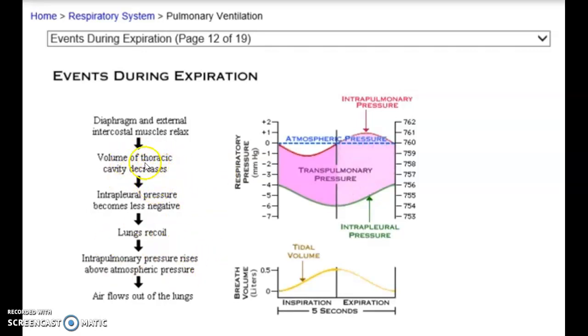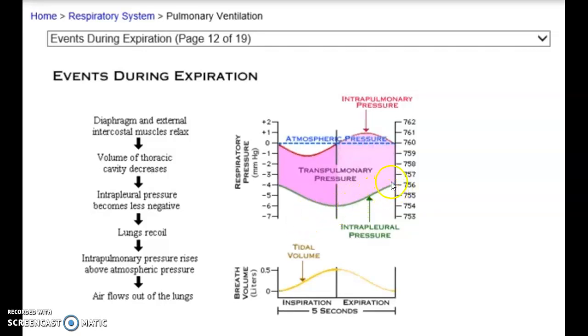So what happens? What's the next layer after the muscles? Well, it's going to be the intrapleural membrane. So the intrapleural pressure between the parietal and visceral membranes, that pressure becomes, as we see here, less negative, from -6 back to -4.